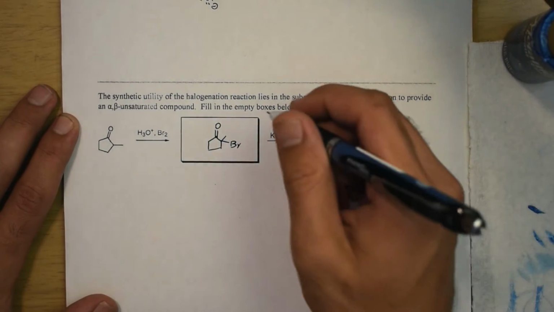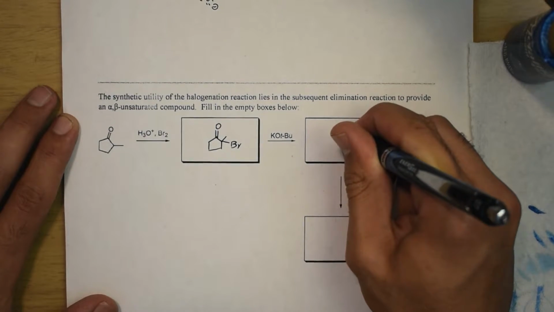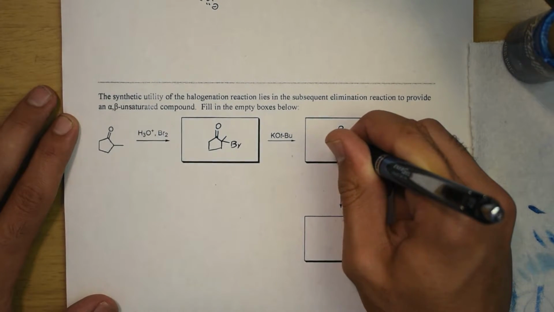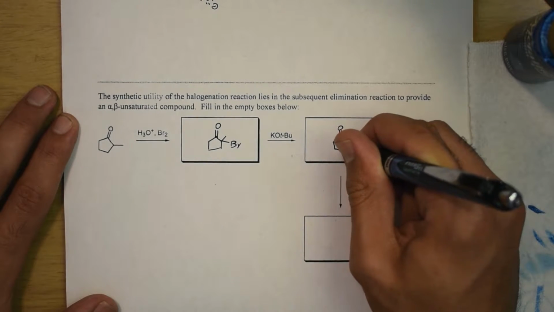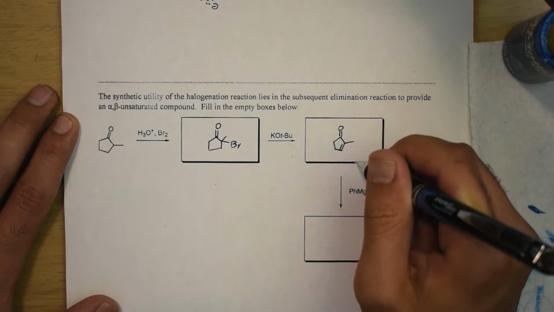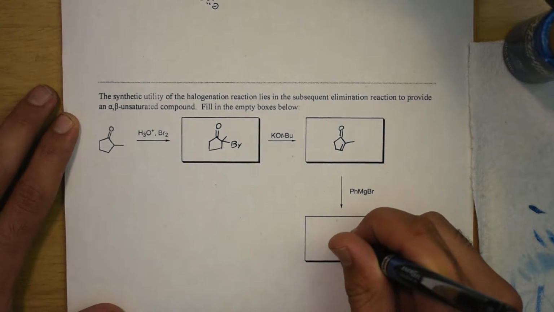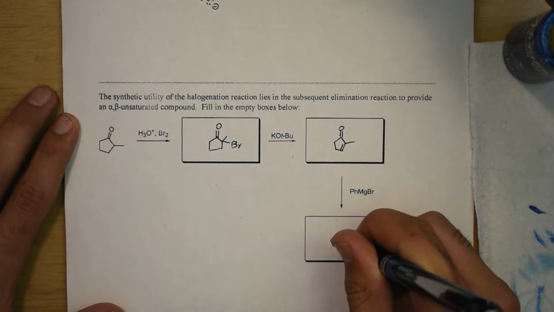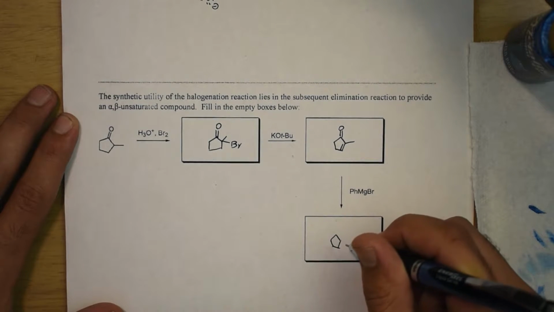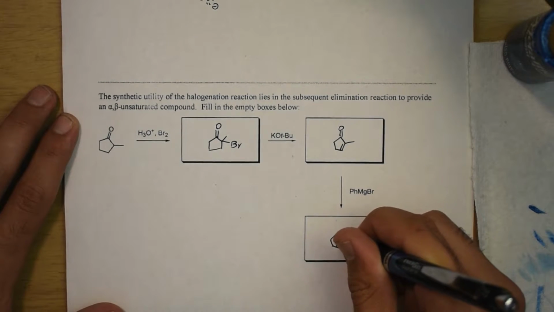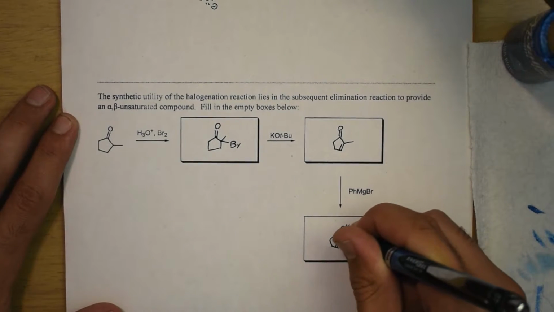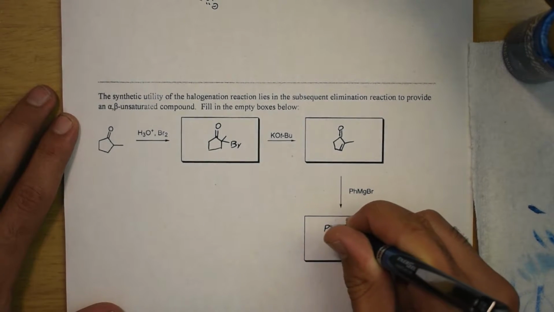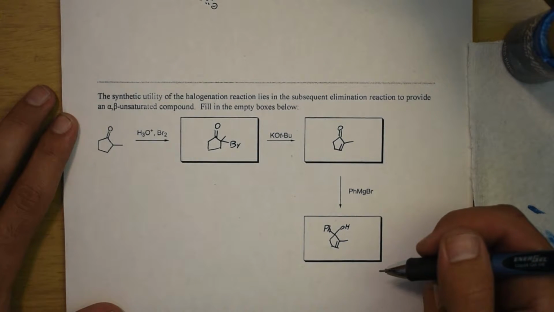This is then followed by a bulky base which would cause elimination to the less substituted side, and finally is followed up by a Grignard reagent which would attack our carbonyl carbon and put our phenyl group onto that carbonyl carbon with H2O workup would give us our alcohol for our final product.